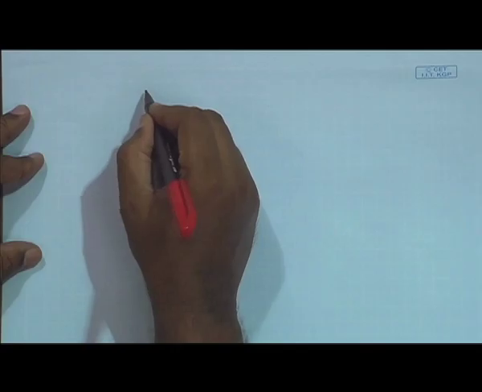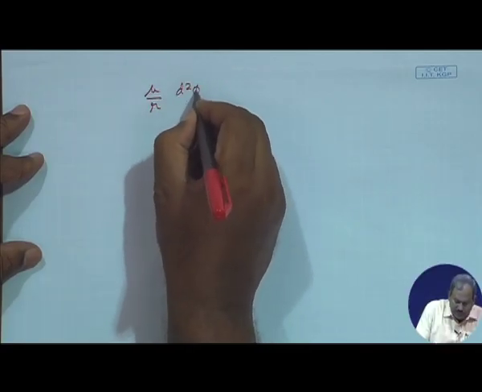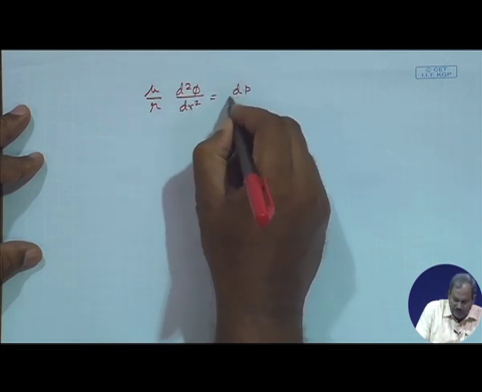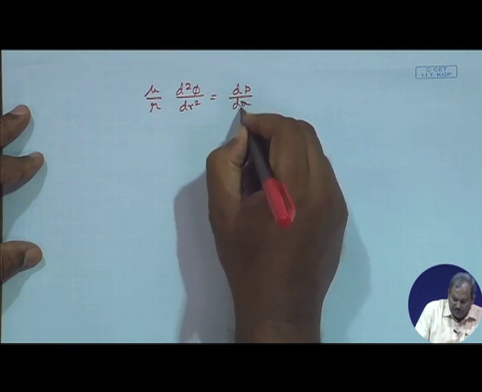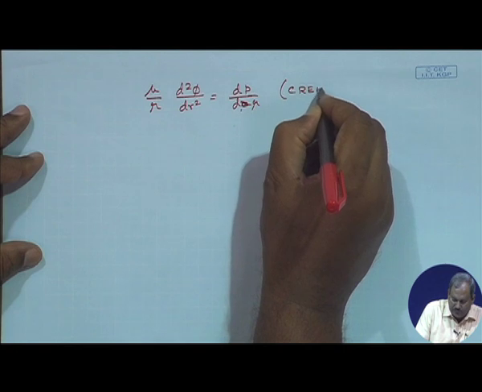So, what I have then is mu by r times d2 phi by dz square is equal to dp by dr. So, this is creeping flow.